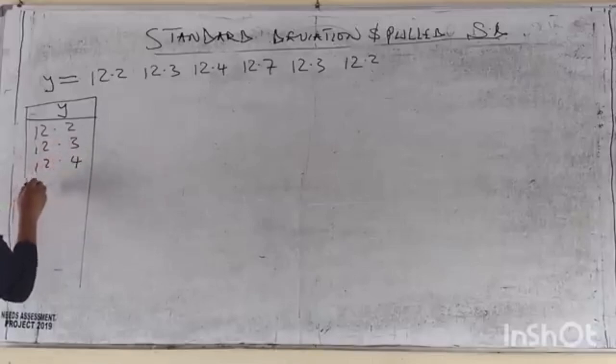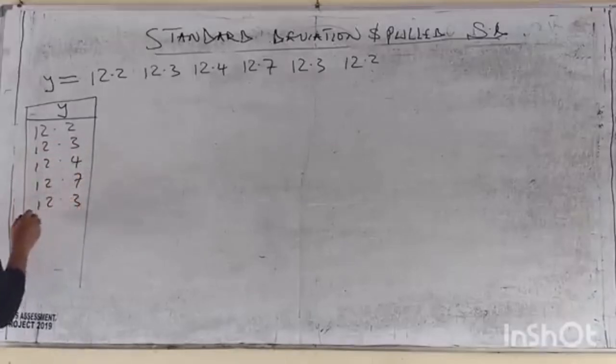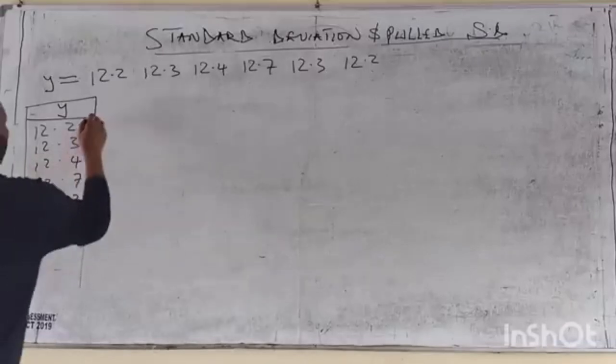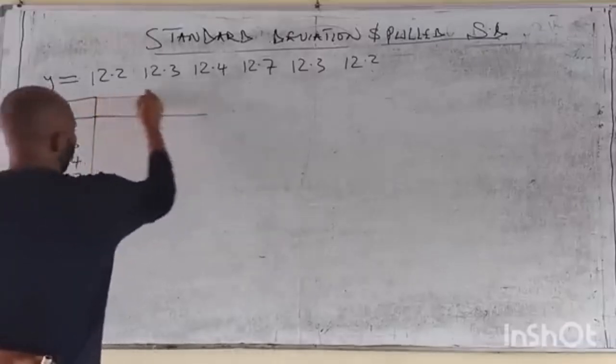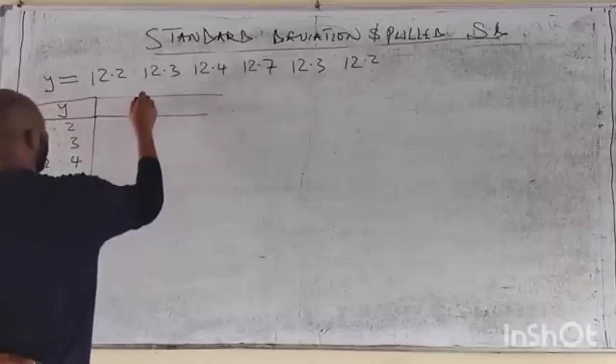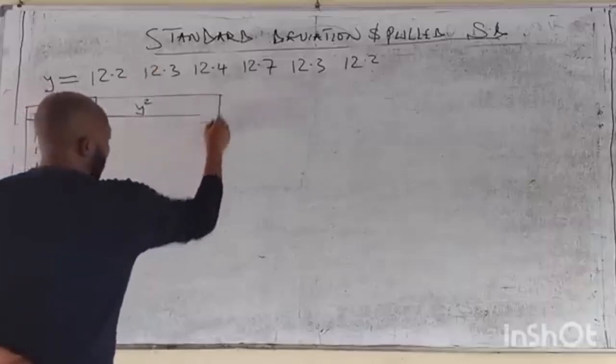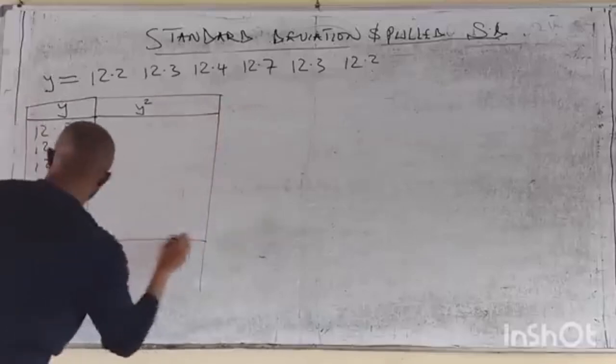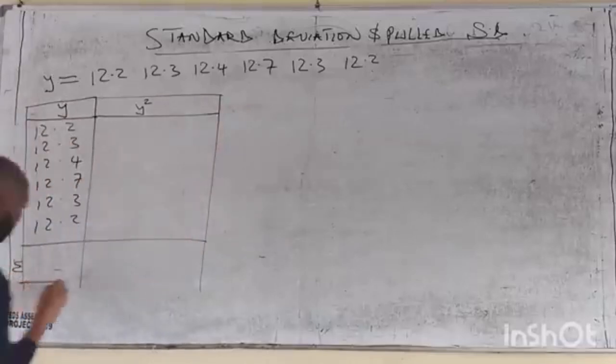12.4, 12.7, 12.3, 12.2. We have our y squared. Put the summation down. So this is our summation.